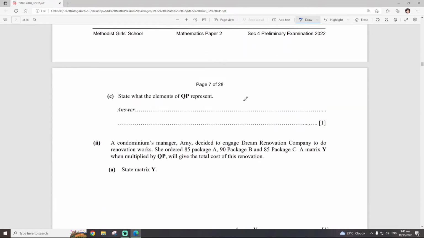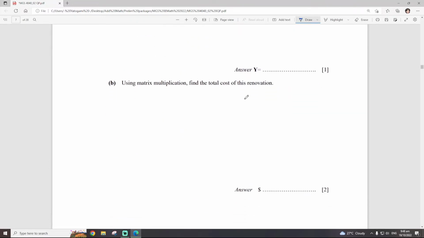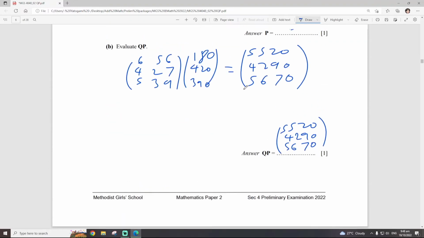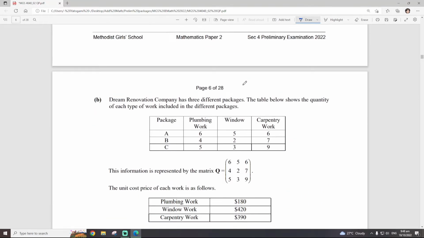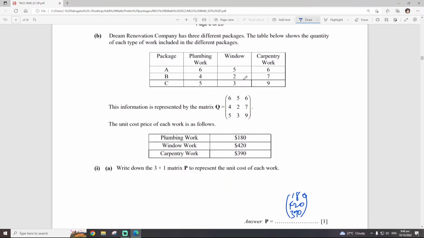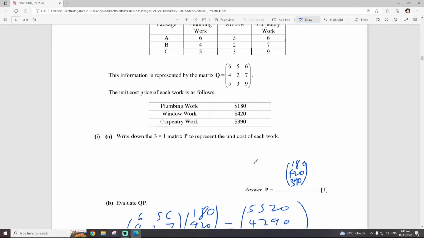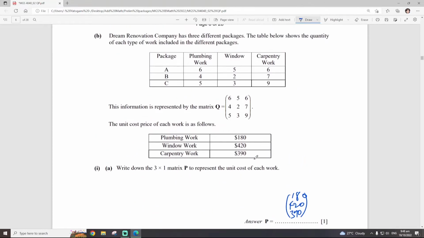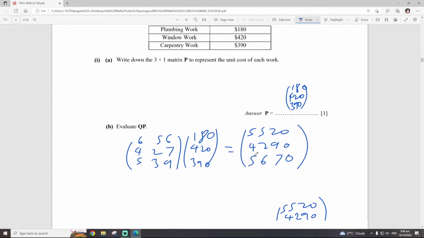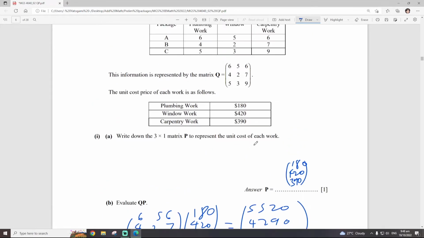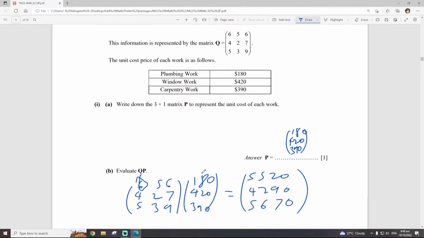State what the elements of QP represent. Okay, so we have the quantity of each type of work multiplied by the cost of each unit. So it will actually be the total cost of each package, if you notice, because I take the plumbing work here and I multiply it by the unit price.